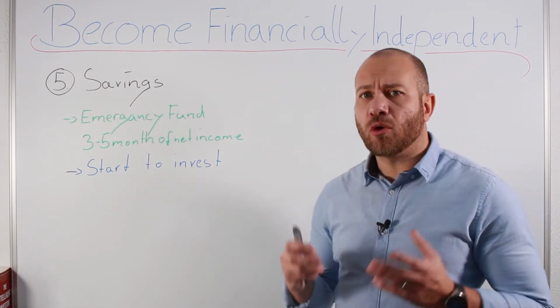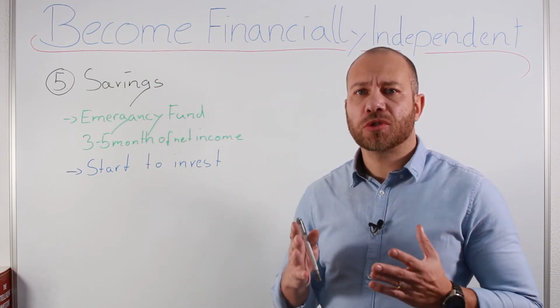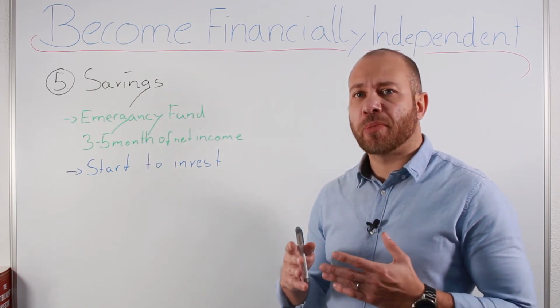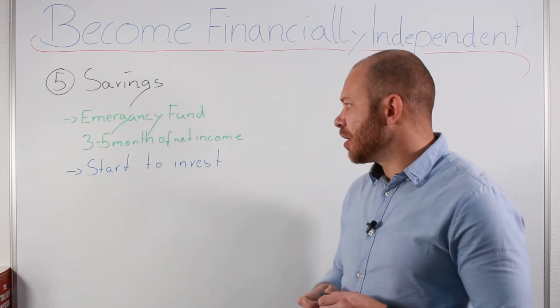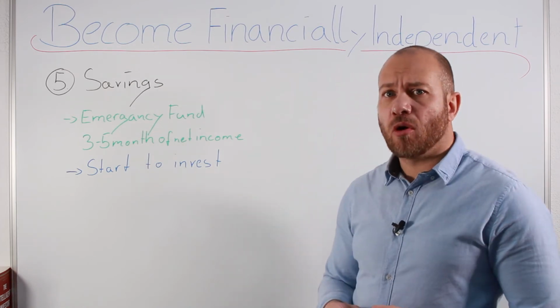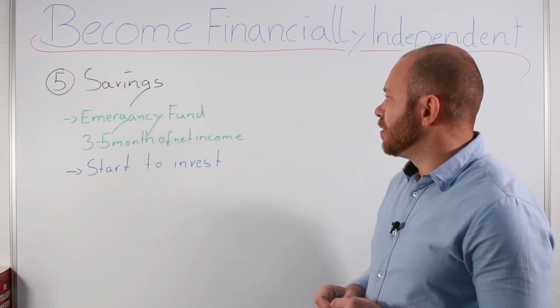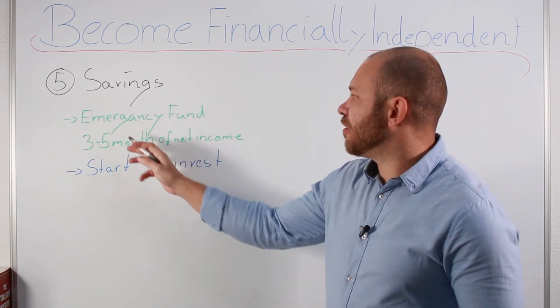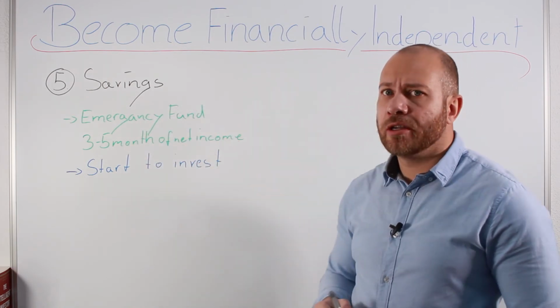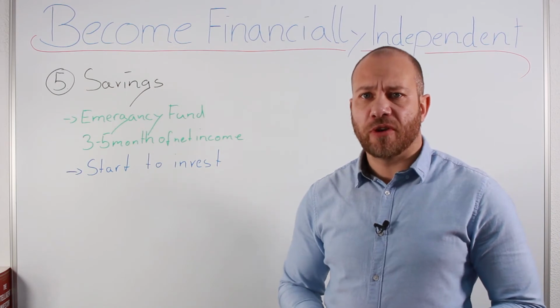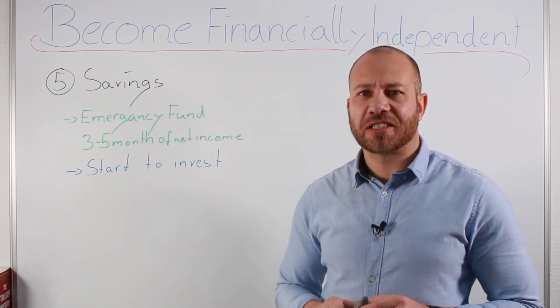All right? Don't invest all your savings you created by now and start to invest all of this. Okay? So have an emergency fund, and then you can start to invest. And that would be the next step.